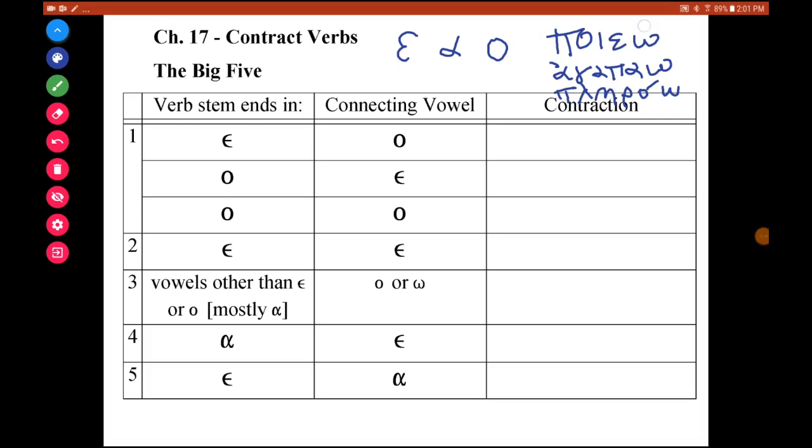If we drop the omegas, what we're left with is the stem. Notice again that the stem of the contract verbs ends in a short vowel. And whenever an epsilon, an alpha, or an omicron comes in contact with the connecting vowel of the active, middle, or passive suffixes that you add to verbs, something happens to the short vowel.